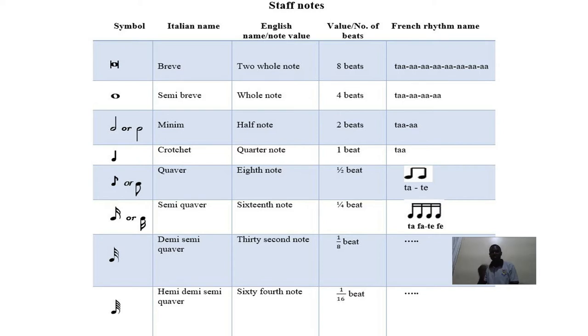You simply take one note and sustain it for 8 beats. The next symbol is the semibreve. A semibreve is a whole note. The whole note is 4 beats long. Remember, a breve is a double whole note and it's 8 beats long. Now, a whole note is 4 beats long.